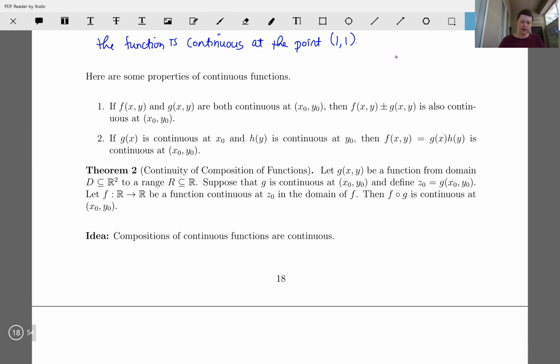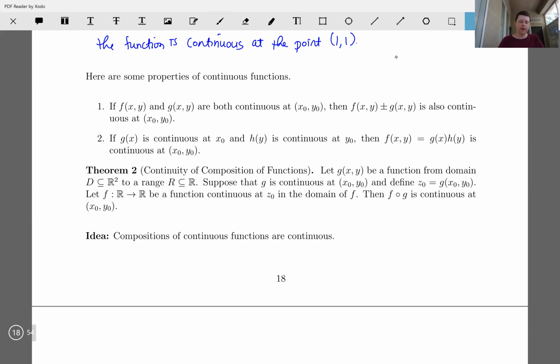In fact, we also have continuity of compositions of functions. Suppose g of x, y is a function whose domain is some set D in R2 and whose range is some set R in the reals. Suppose g is continuous at (x naught, y naught), and define z naught to be g of (x naught, y naught).